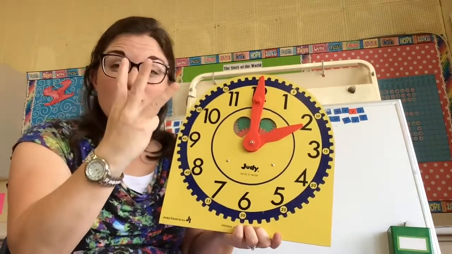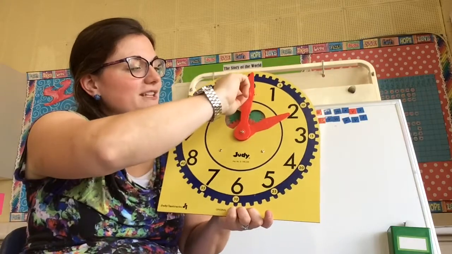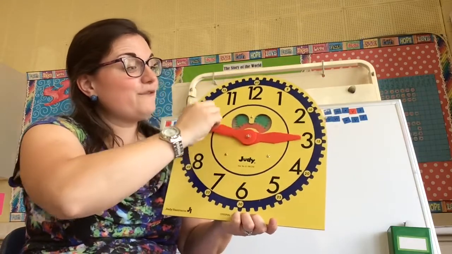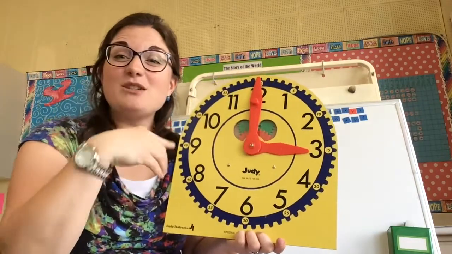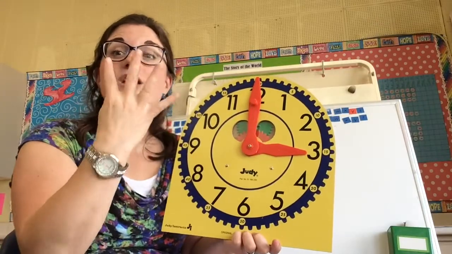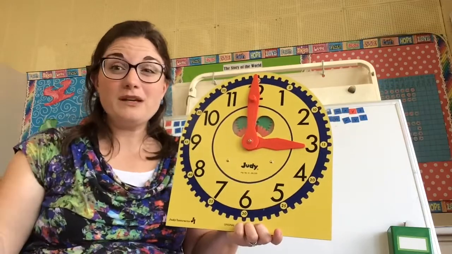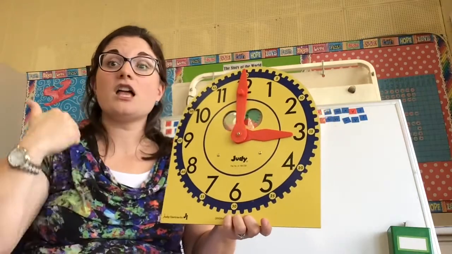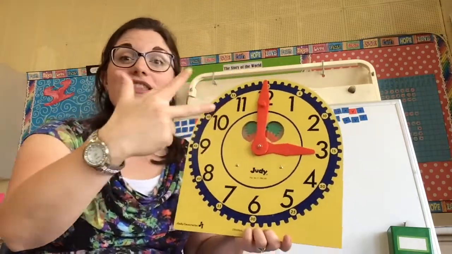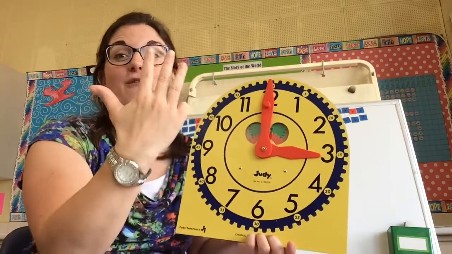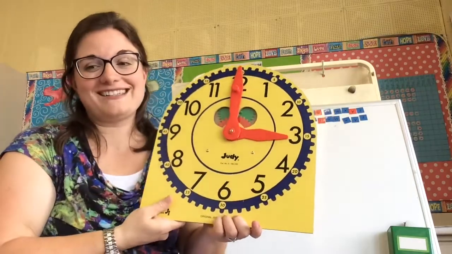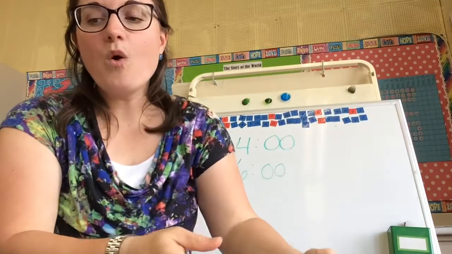That's 3 hours. Let's go all the way around again. And we finally hit our 3 o'clock. How many times did we go around? We went around 4 times. So from 11 until 3, we went around to 12 o'clock, 1 o'clock, 2 o'clock, 3 o'clock. 4 hours. Awesome.